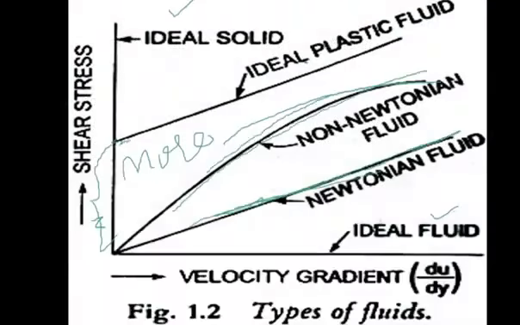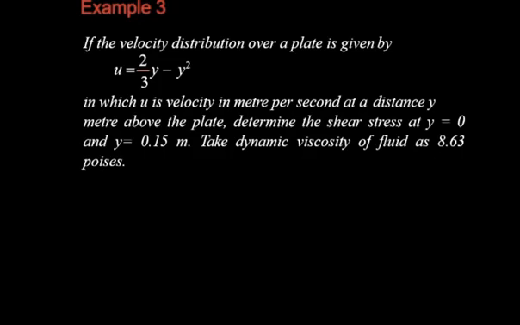So next we will see another example on what we have studied till now. If the velocity distribution over a plate, some velocity equation is given. Okay, equation is given, don't worry. Whenever you see an equation, don't be confused. It will be very easy.